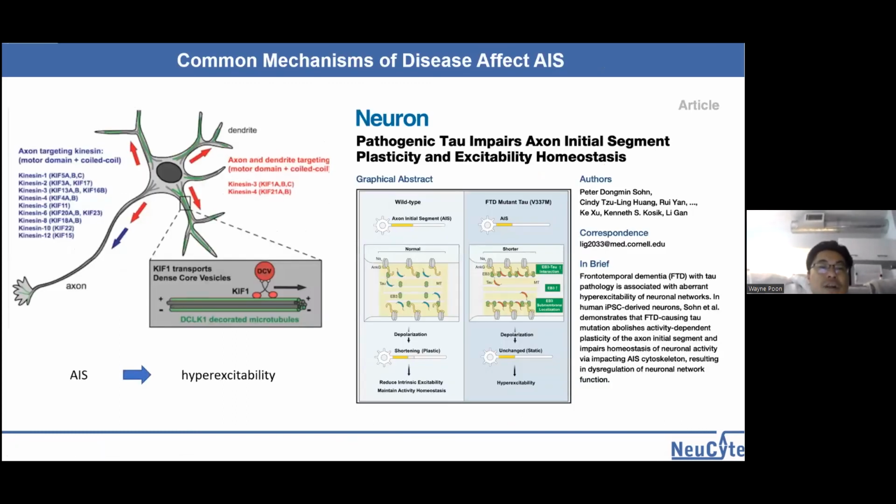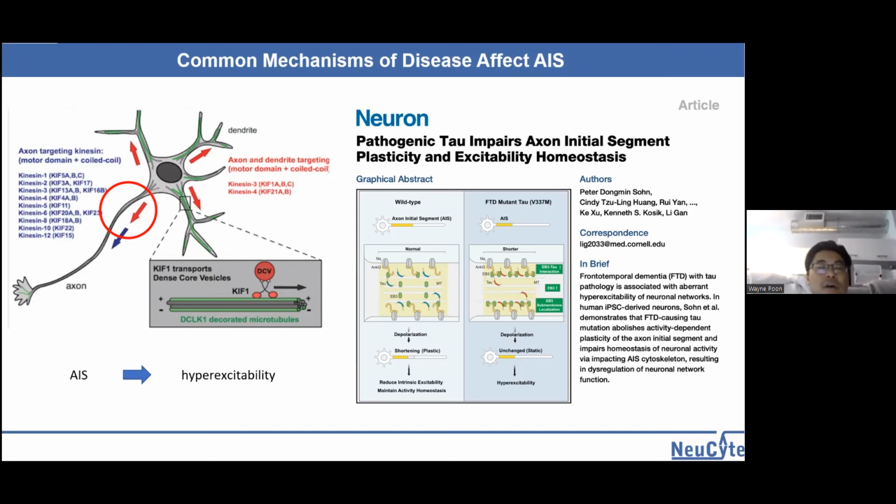In the future, we want to interrogate the mechanism of some of this hyperexcitability. And there are some studies suggesting that the axon initial segment, which is a region of the axon at the very beginning that protrudes from the cell body, plays a role, or KIF1A plays a role in establishing the AIS.